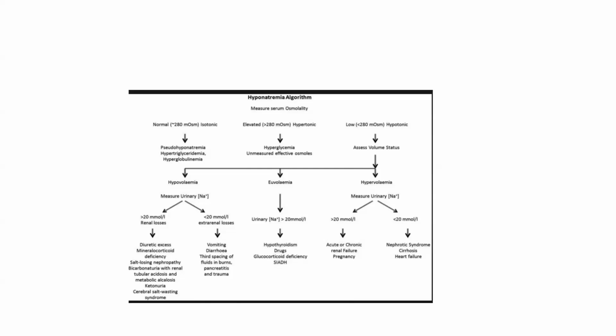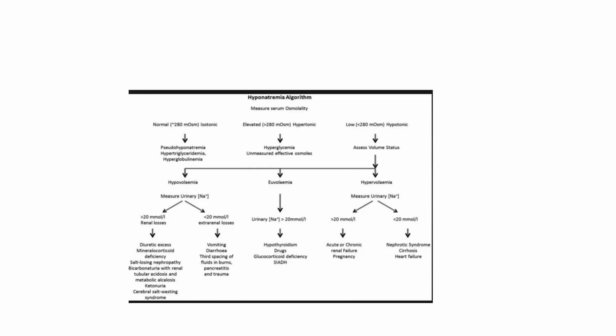There is a formula for calculating serum osmolality: 2 times sodium plus blood urea nitrogen divided by 2.8 plus glucose divided by 18. If the serum osmolality is normal, then it is pseudo-hyponatremia, which occurs because of hypertriglyceridemia or hyperproteinemia.